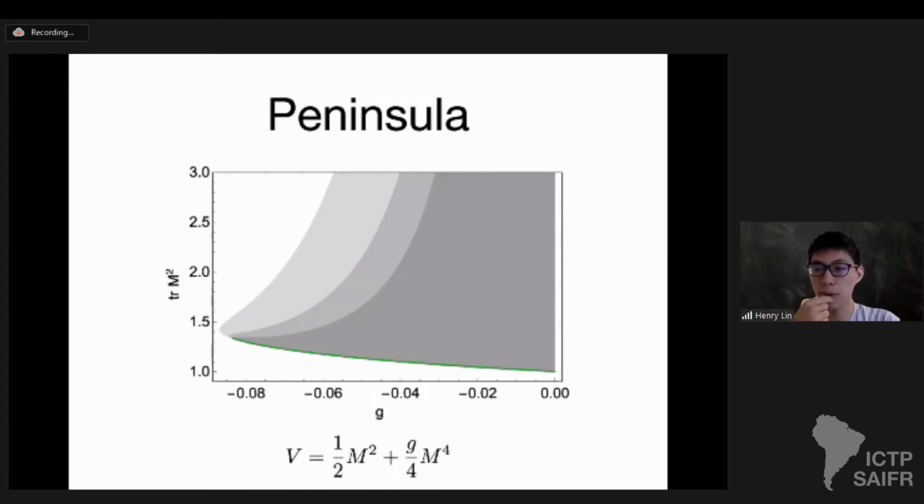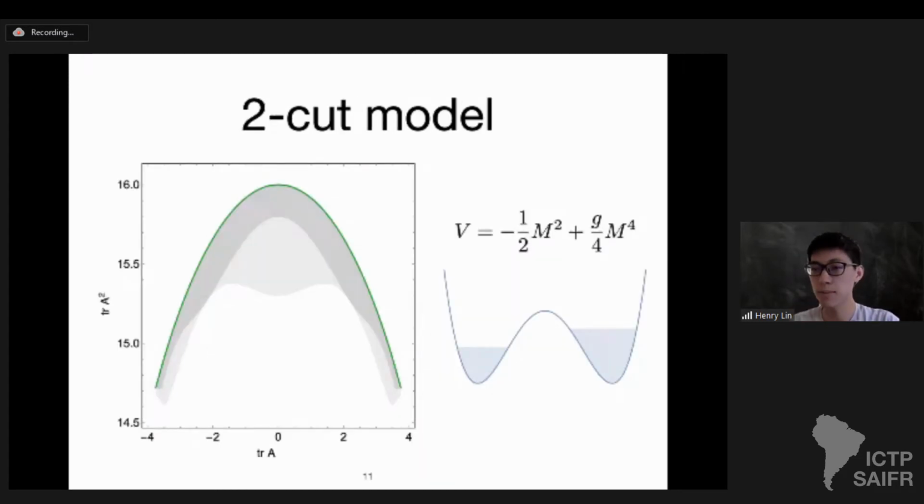Now, one more point is the two-cut matrix model. So again, we're studying a quartic model, but with the other sign of the quartic term, and we get the Mexican hat sort of potential, right? And in this model, the interesting thing is that at large N, there's not just a single solution, but sort of a one-dimensional line of solutions.